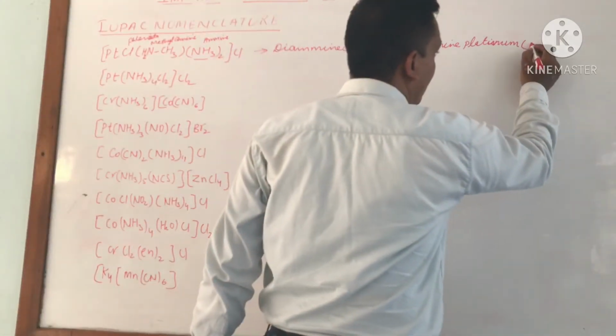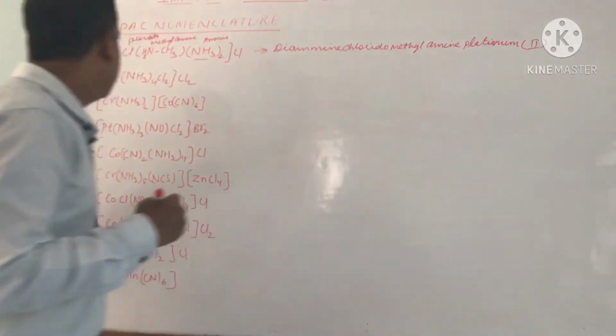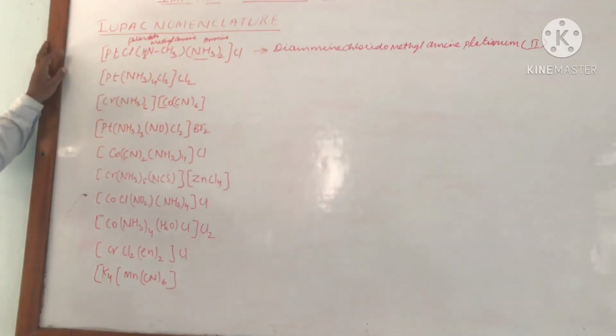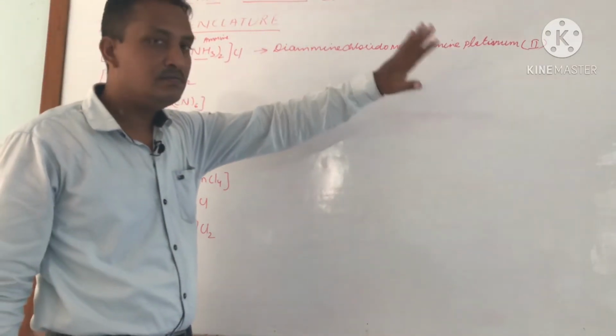So we can say it will have oxidation state 2. So the name would be diamminechlorido methylamine platinum(II).